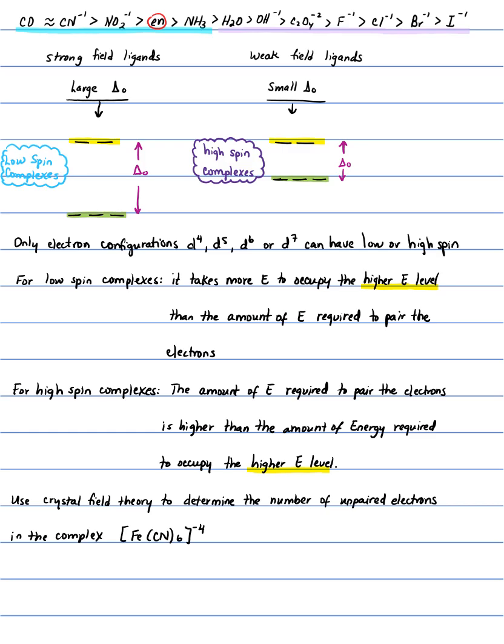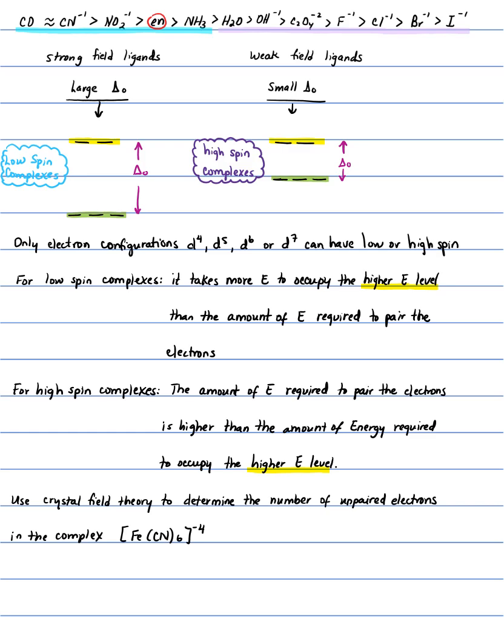When you have strong field ligands with that large splitting between your d orbitals, they will form what is known as low spin complexes. When you have weak field ligands, the ones that are giving you the small splitting between your d orbitals, they will form high spin complexes. Now, when you have electrons in your d orbitals, you can have from 1 electron all the way to 10 electrons.